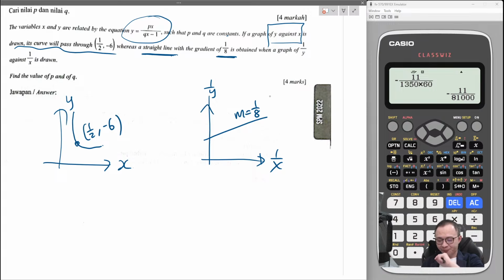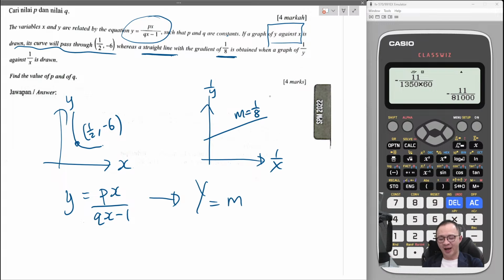Okay, because now I explain the second time, maybe I use a different method to give students more insight on how to solve this kind of question. So, how to make it into this pattern? Here I want to obey y equals mx plus c. Because they tell me this is a straight line, isn't it?